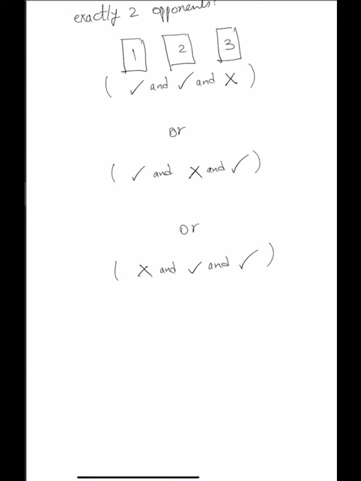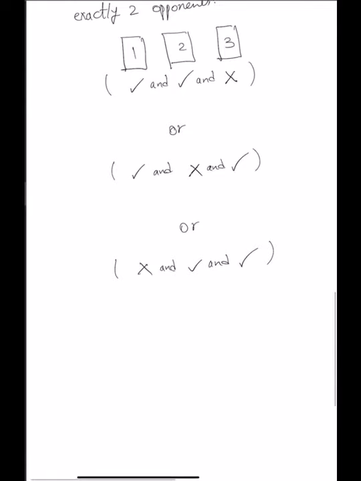And I know the results of these games are independent from each other. So then, how do I calculate the probability? The probability is the probability that this happens, or what is the right mathematical operation for or?